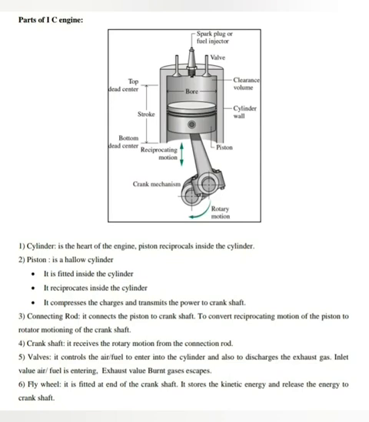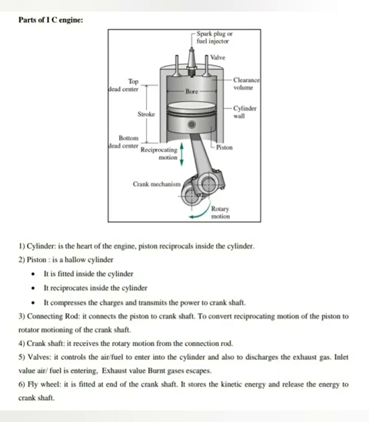The third part is the piston rings. Towards the top portion of the piston, a few grooves are provided to accommodate the piston rings. The piston rings are of two types. First one is compression rings, second one is oil rings.